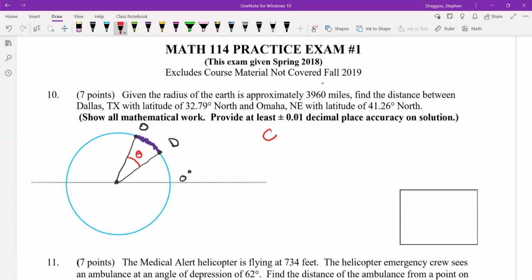And that angle right there, the latitude difference between the two cities, is just the difference in their latitudes. Kind of gave that one away. But so theta should be 41.26 minus 32.79. I got 8.47.